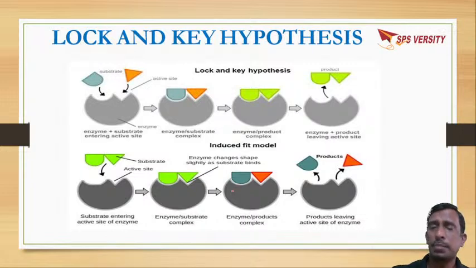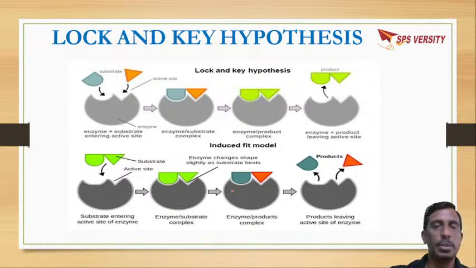So how do enzymes function? We studied that enzymes decrease activation energy. Based on this enzyme functioning, there are two hypotheses. One is the lock and key hypothesis, another one is induced fit. What does lock and key say?